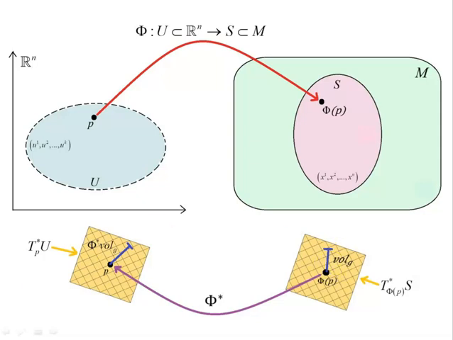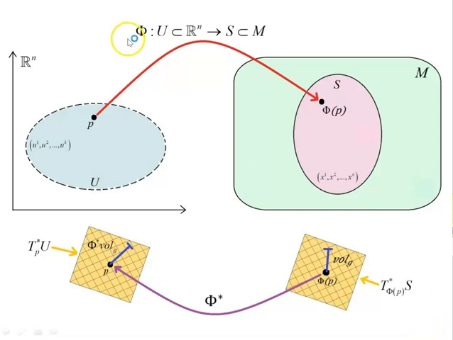So the cotangent space here is T upper asterisk of U at the point P, and T upper asterisk is the cotangent space of the submanifold S at the point phi of P. And then what happens is that we take the volume form under the metric G and pull it back from this cotangent space to this cotangent space, where the integration will be easier for us to perform.